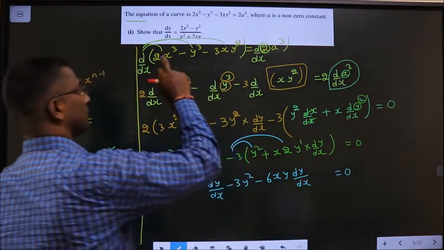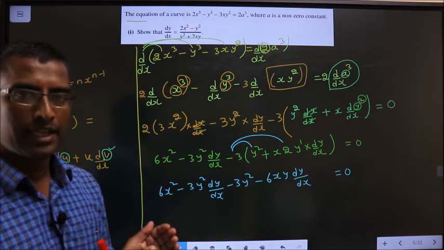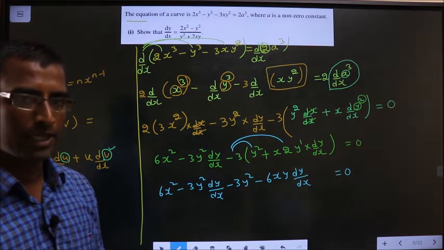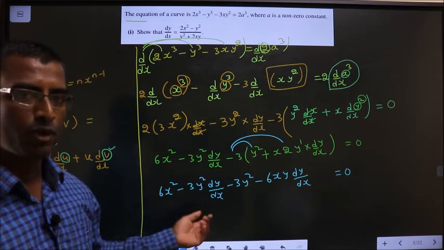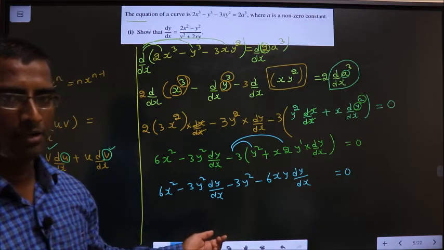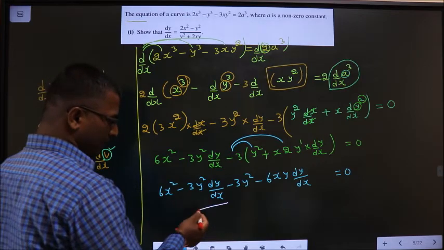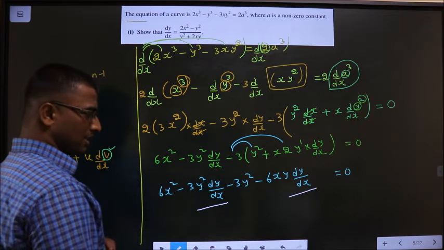Clear? Now, we have to get dy/dx. That means dy/dx should be made the subject. And how do I do that? I keep all dy/dx terms this side, and whatever else is attached, I will get rid of it. So this is dy/dx, it will stay here. This is also dy/dx, it will stay.